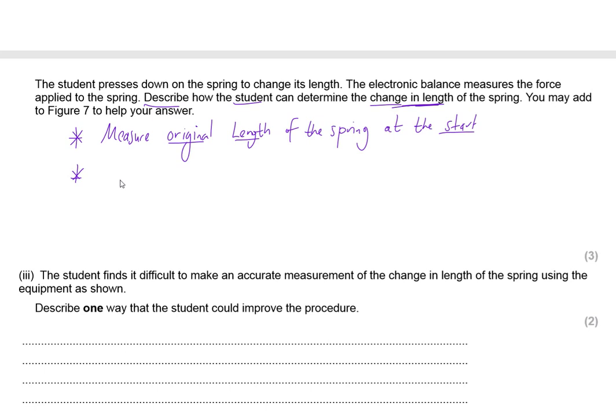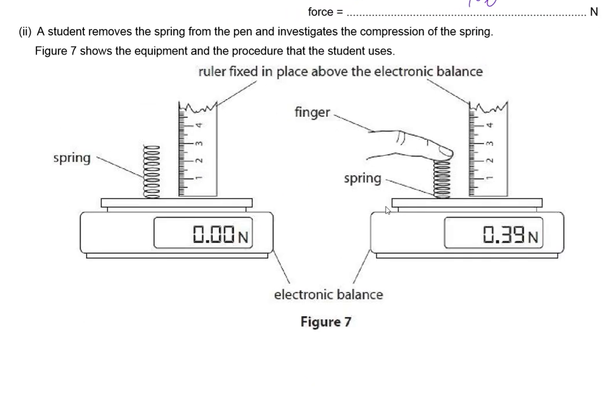Okay, and then what happens is they need to measure the new length when the spring is pressed. Okay, because look, if we go back to the diagram, this is the spring at the start, and now we are compressing it. So therefore this is the new length.